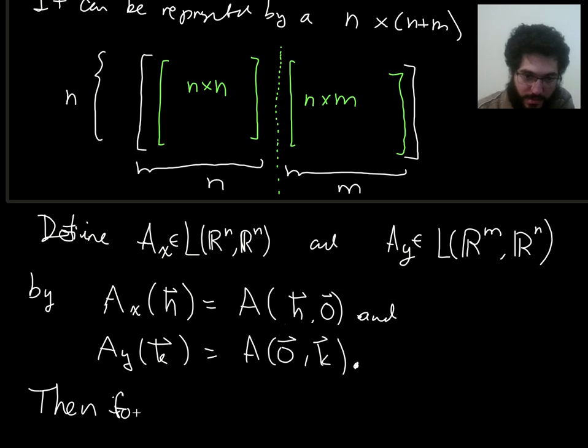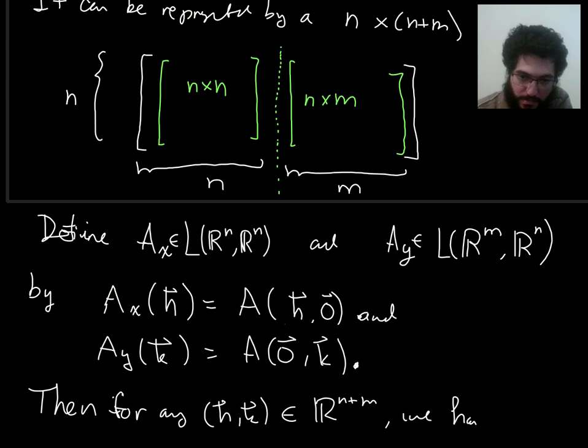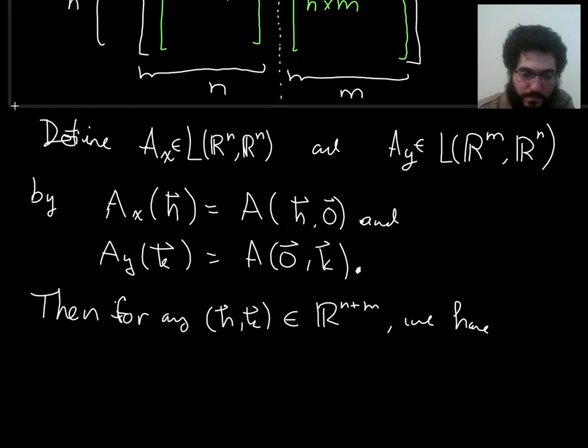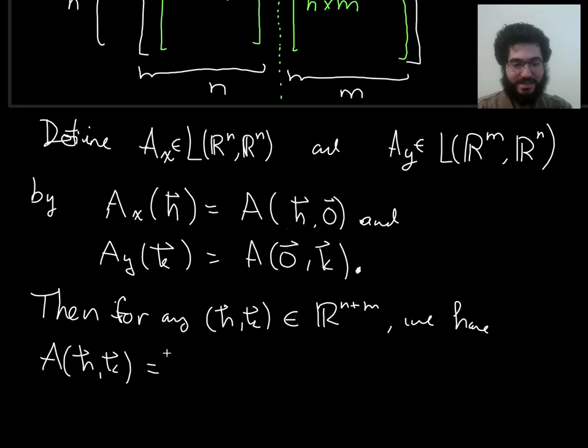So for any vector in R^(n+m), which you could split up as h, k, when you apply A to that vector, then that splits up as the first part on h plus the second part on k.